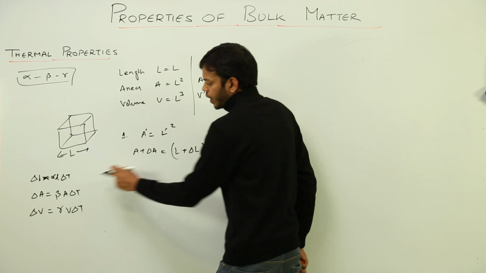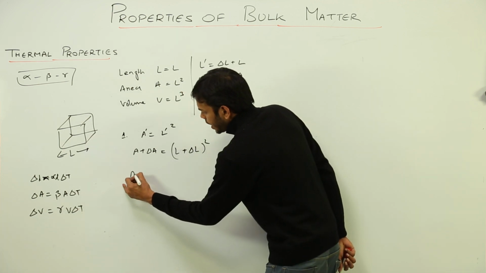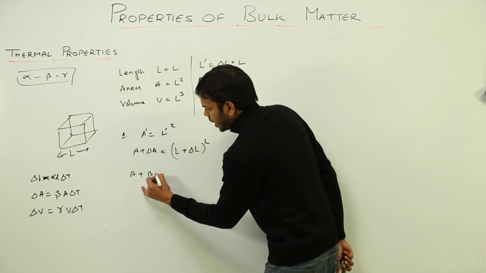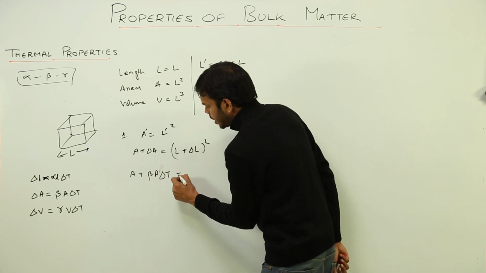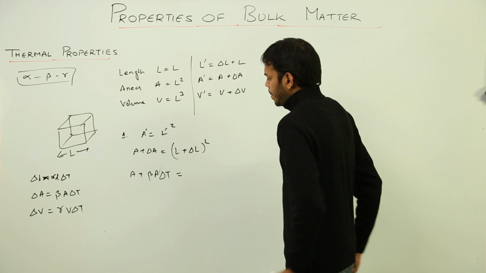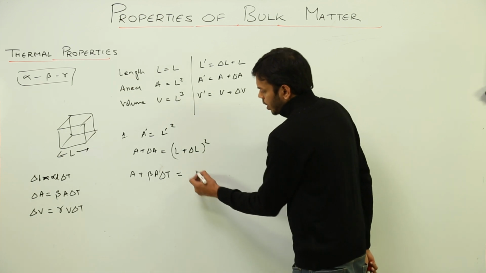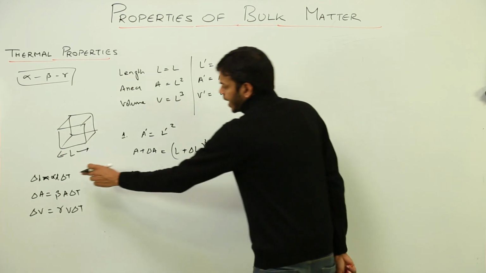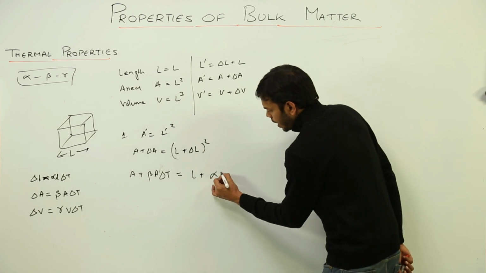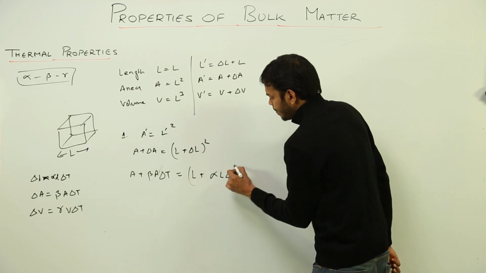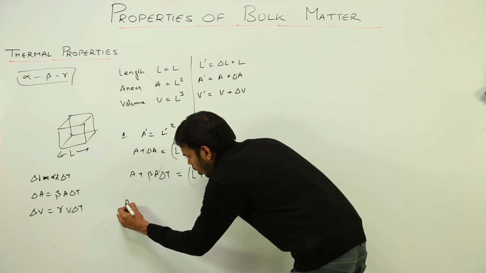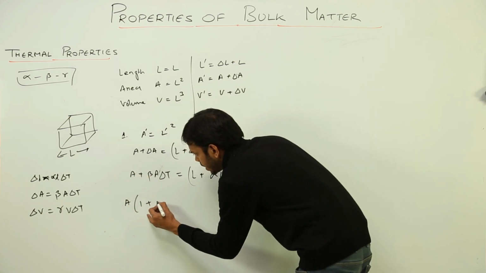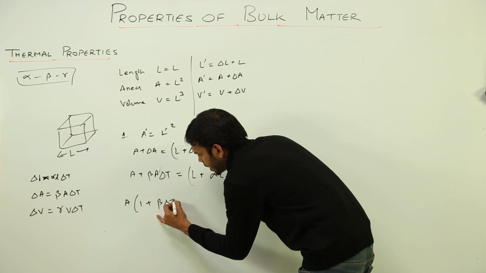So putting this value of delta here, I'll get A plus beta A delta T is equal to L plus delta L whole square. Instead of delta L I am writing alpha L delta T, right? This whole square. Now if I take A common out, I'll get 1 plus beta delta T, right?